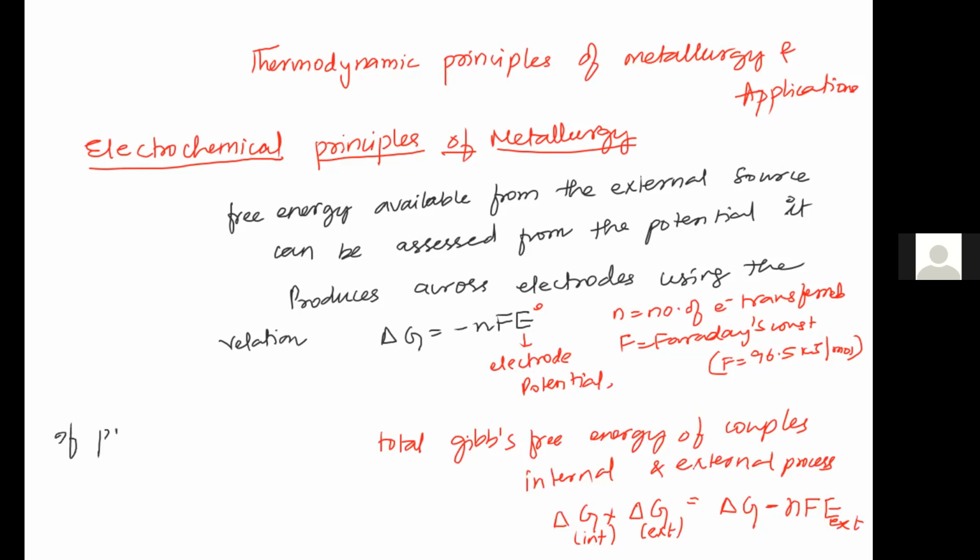If the potential difference of the external source exceeds this, then E external is minus delta G by nF. So we have an important point after this.